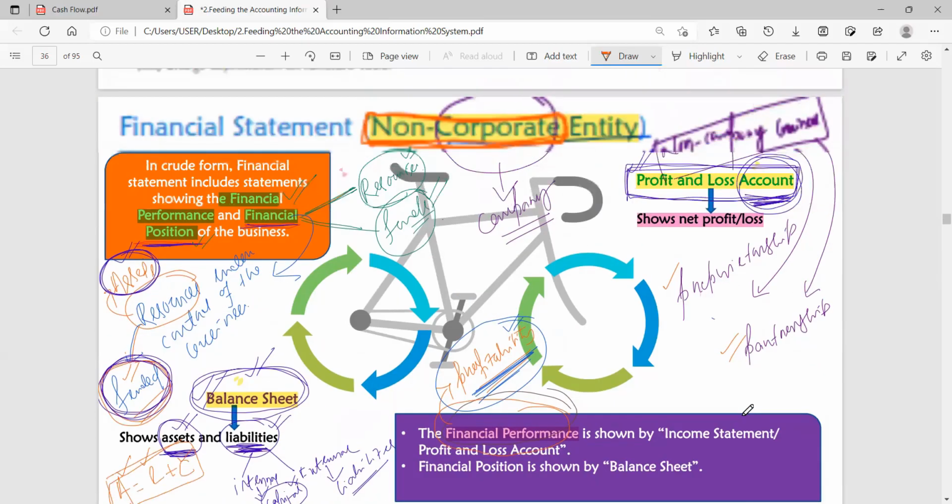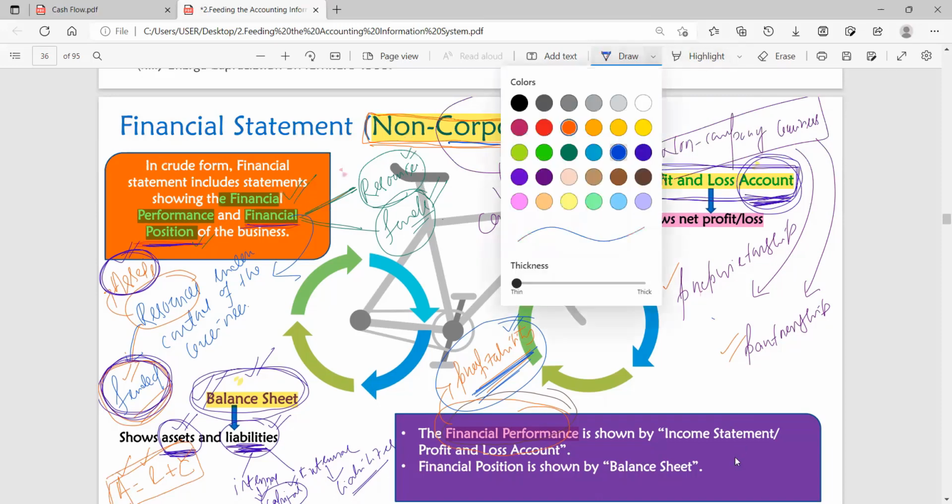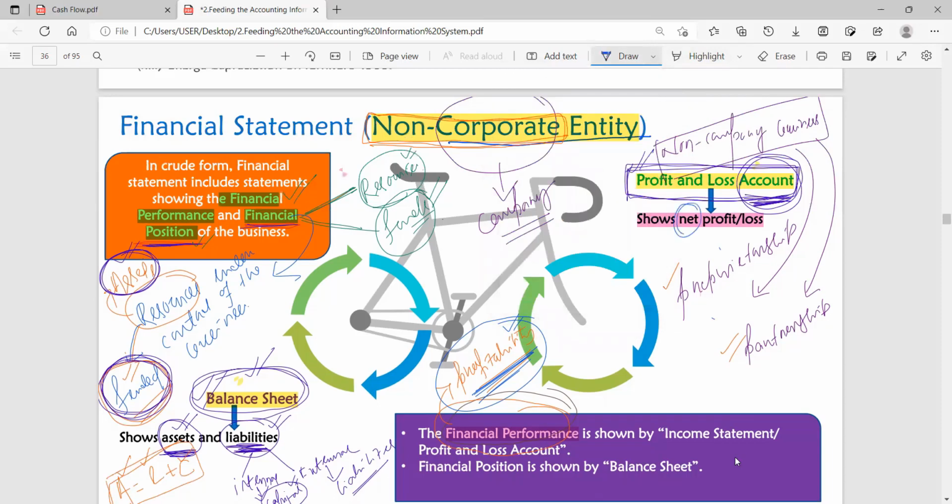And here, if you ask me the mathematical relation in the profit and loss account, net profit is also based on a mathematical principle, which is net. Net of what? Net of something.